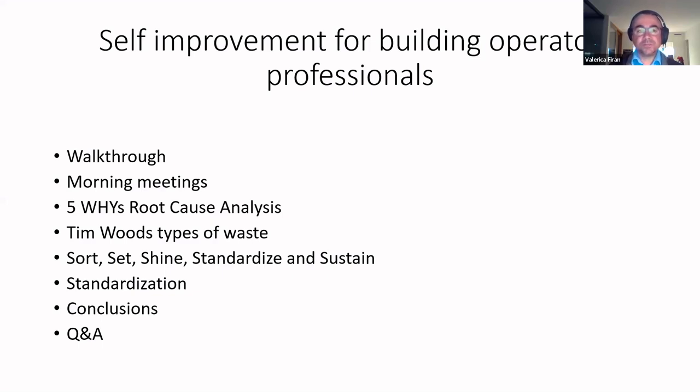building operations. So the topics that I would like to go through today are the walkthrough, which we all go through every day in building operations, morning meetings that we have with the relevant team members, the 5 whys root cause analysis that help us to sometimes find out the root cause in more than 5 whys, but it's just called 5 whys, sometimes in 3, sometimes in 2, sometimes in more than 5.